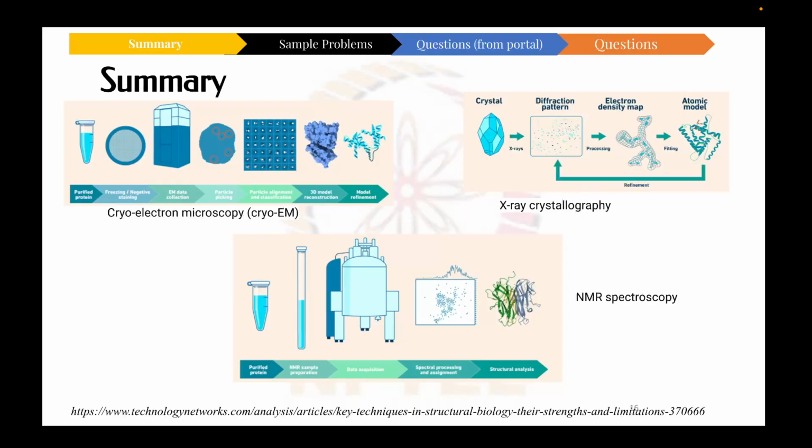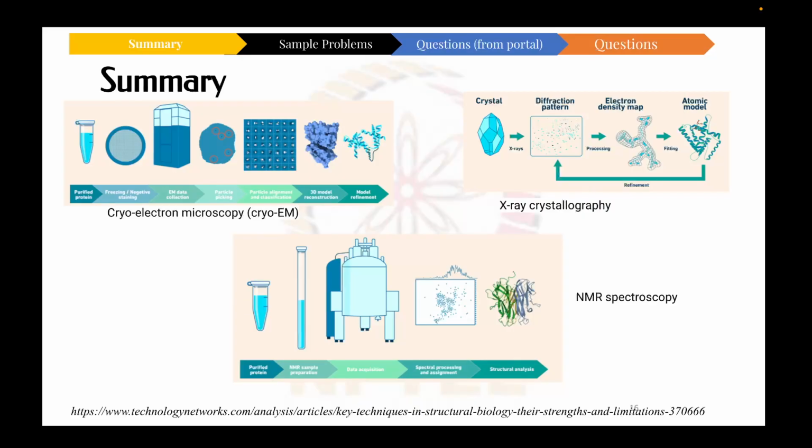Additionally, the process of data collection and structure determination can be time consuming and resource intensive. Then we have NMR. In this method, by analyzing the behavior of atomic nuclei in a magnetic field, this method provides information on distance between the atoms, dihedral angles, and interactions within the protein.